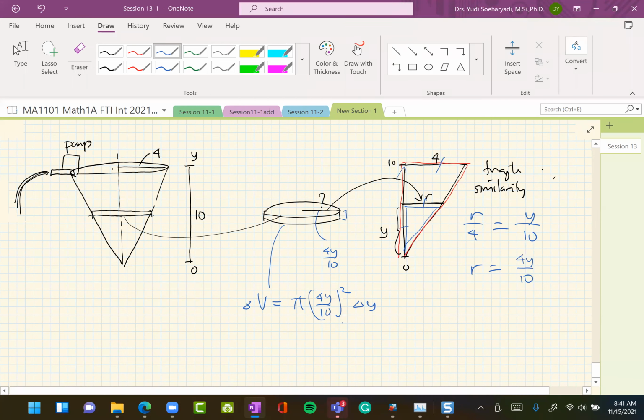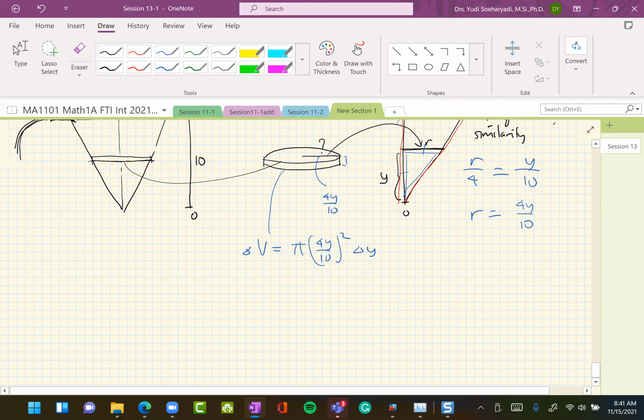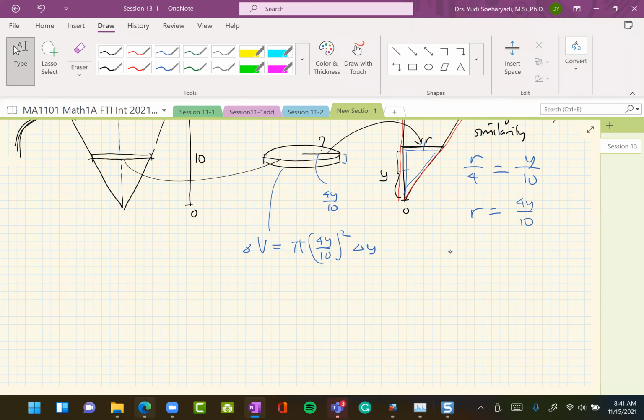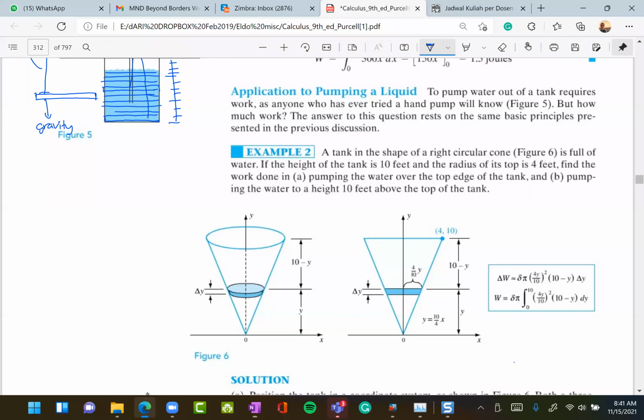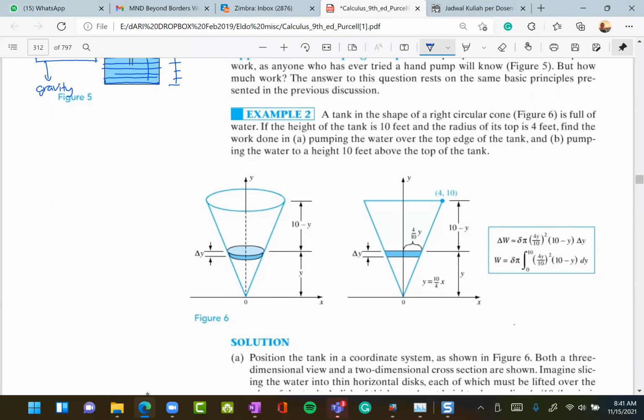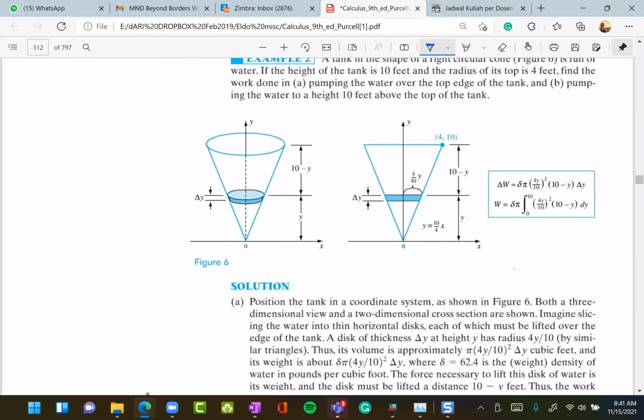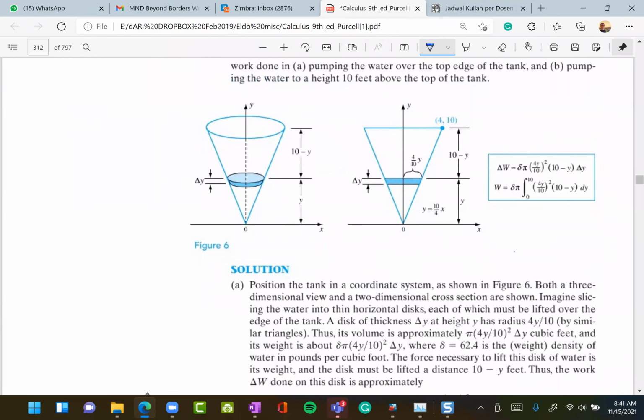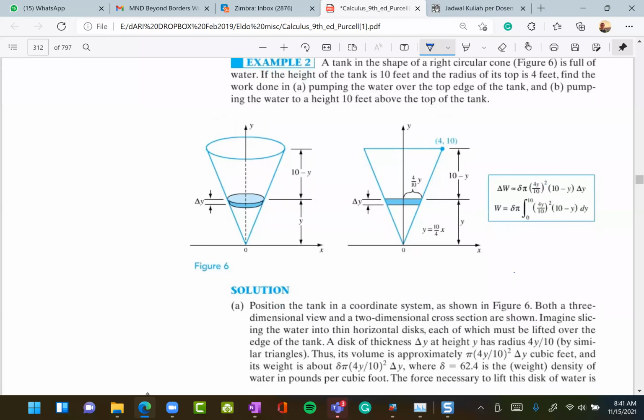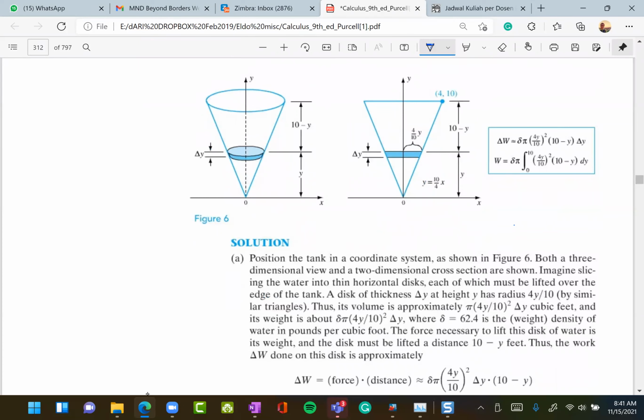That's the volume. So the force is, sorry, delta is the density.